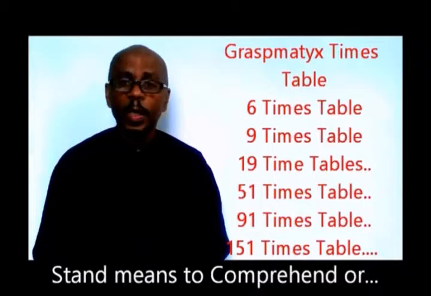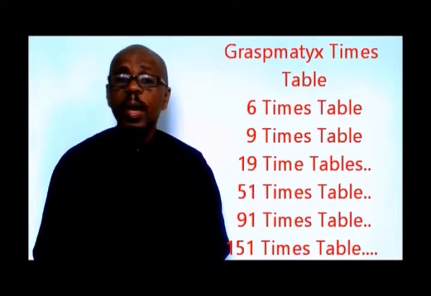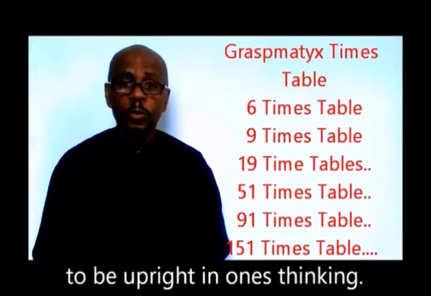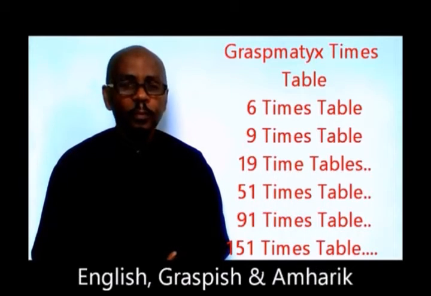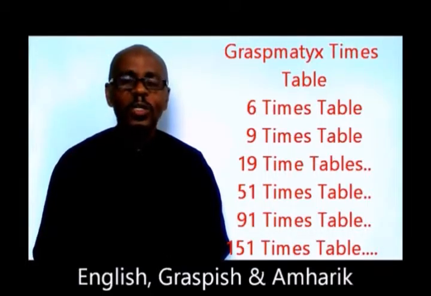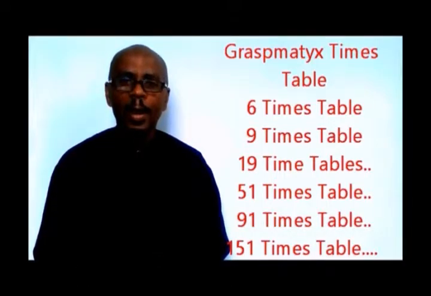For example, in English, there are a lot of terminologies in math that confuse students. Most students have trouble with word problems in math. Well, the Kwankwa called Graspish is going to help you comprehend the math easier and simpler. So the 3 Kwankwaoch that you're going to learn this math in are, first of all, English, secondly, Graspish, and third, Amerinyo or Amharic.